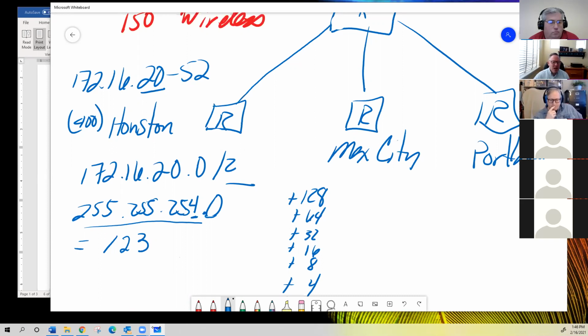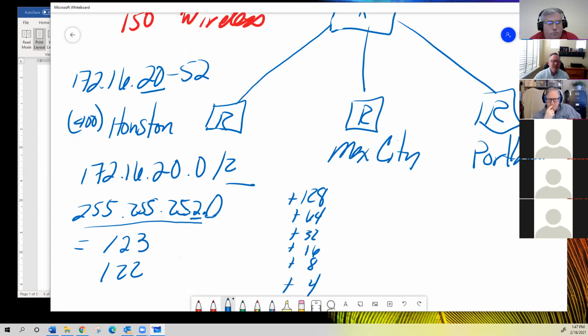And if you were to go to a 22, you take the first 2 off, and the first 2 is the 1 column and the 2's column. So 2 plus 1 is 3. 255 minus 3 is 252. So now it's 252. So there are certain numbers only that you can change this to.